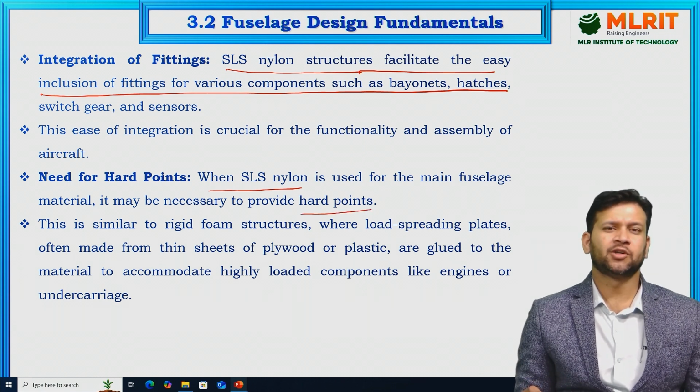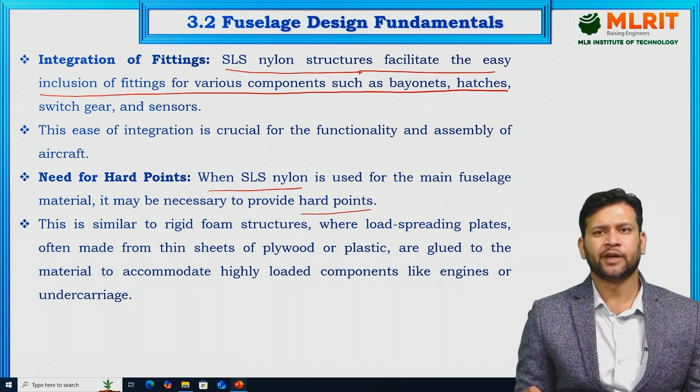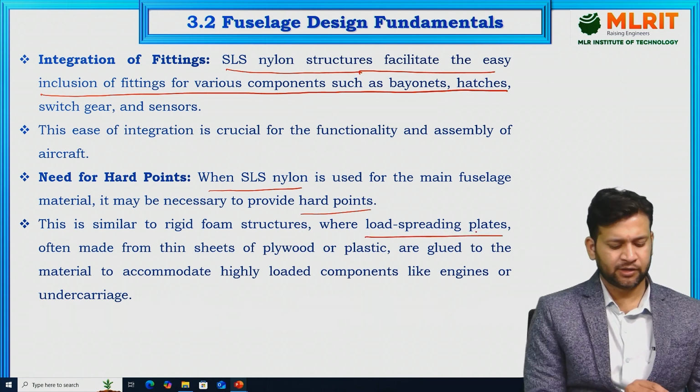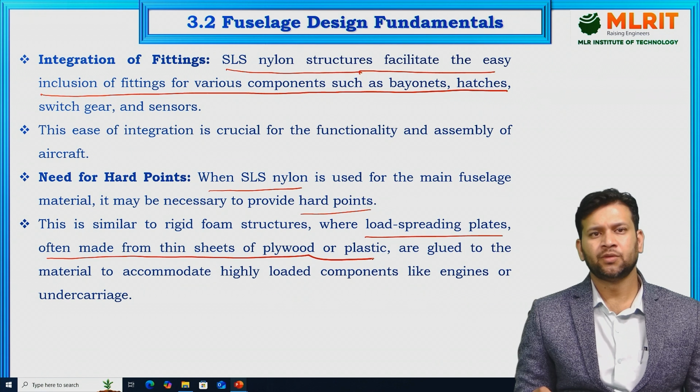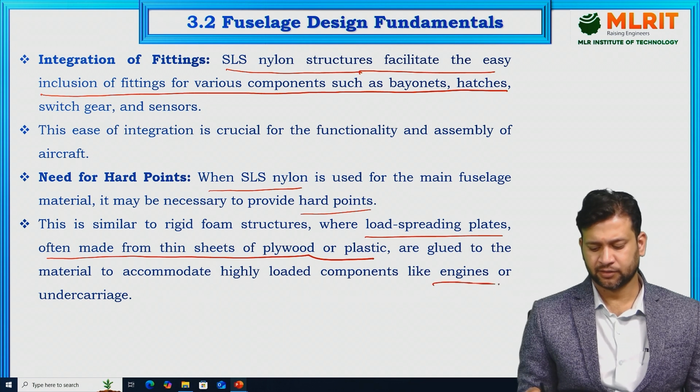This is similar to rigid foam structures where load spreading plates, often made from thin sheets of plywood or plastic, are glued to the material to accommodate highly loaded components like engines or undercarriages.